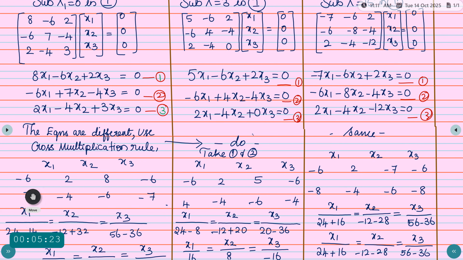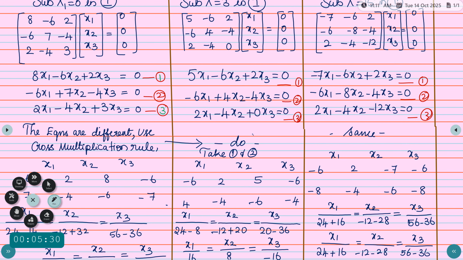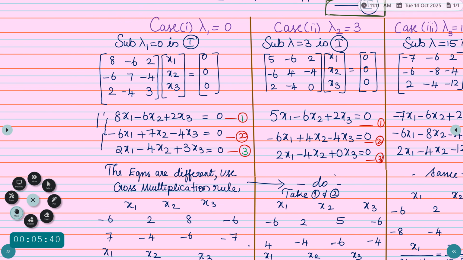Next, lambda. First, case 1: we are substituting lambda equal to 0 in the I equation.